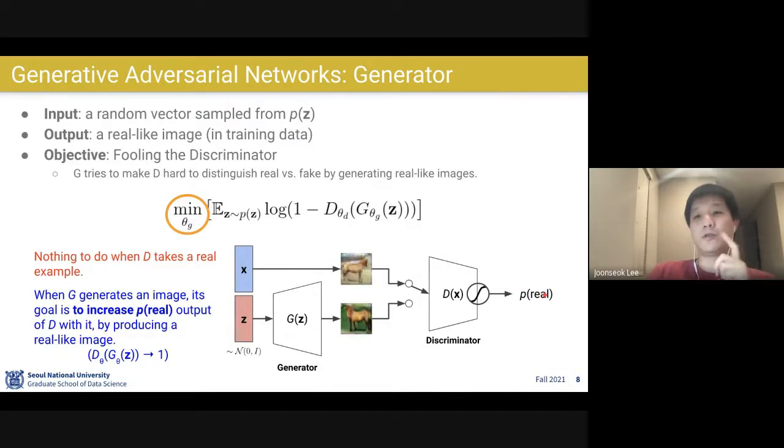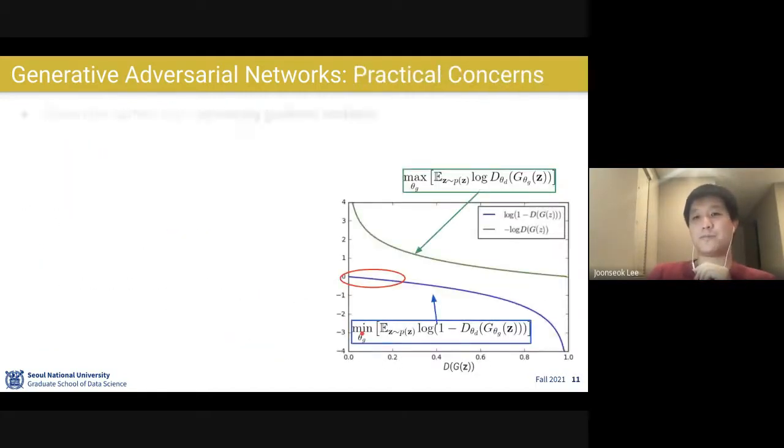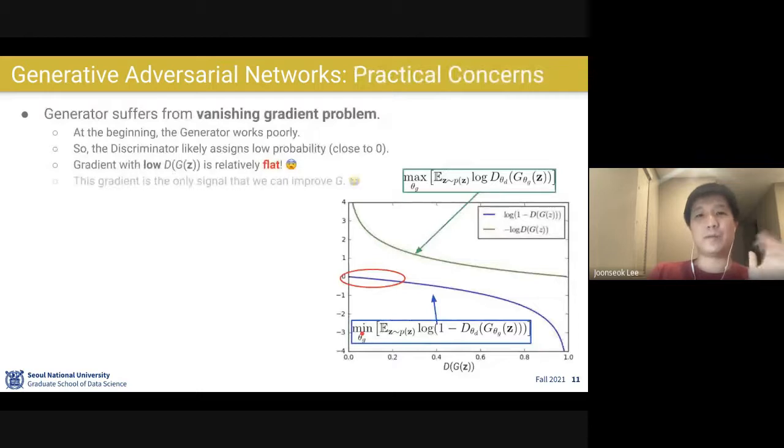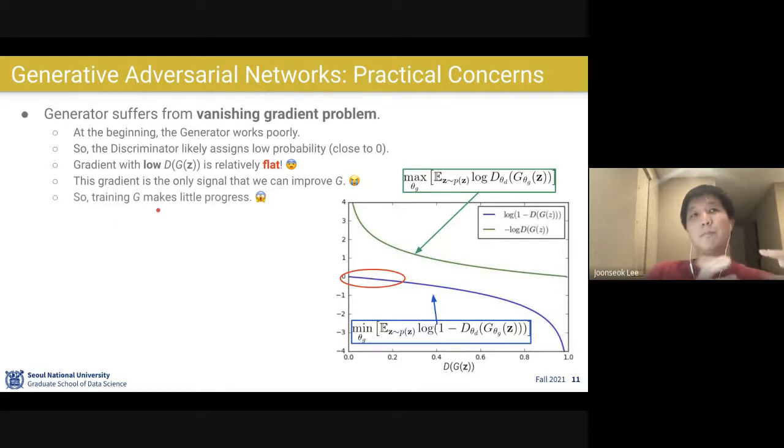So it needs to go through this discriminator first to have these gradients get updated. So this is a serious problem. The gradient is only coming from the discriminator. So the generator at the beginning is suffering from the vanishing gradient problem because this close to zero value will be multiplied and the gradient will be vanishing, which was a common problem when we discussed in lecture 8 or 7.